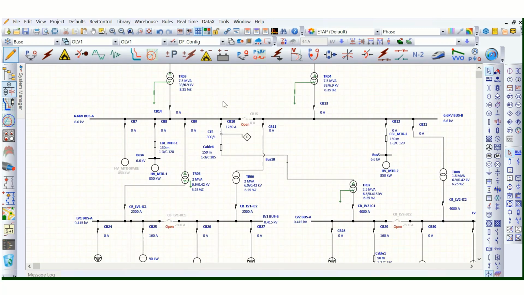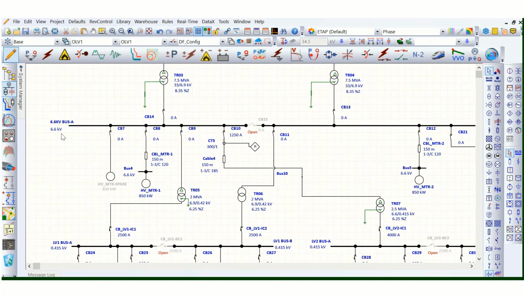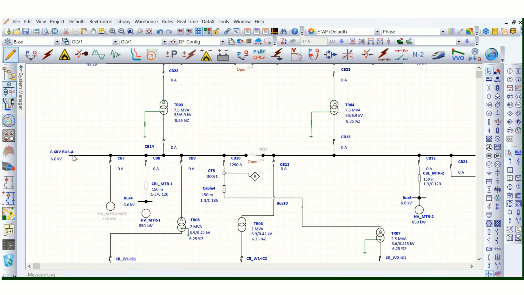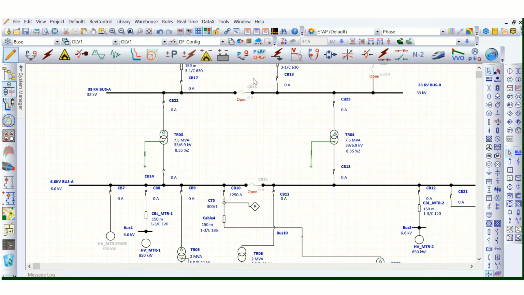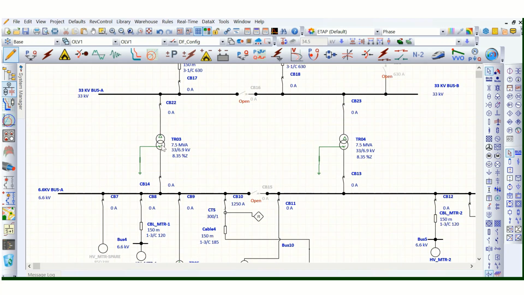Oh, one more important thing I want to share here. Suppose for the 6.6 kV system in this switchboard, in bus A or bus B, there is no motor connected with this bus. In that case, as per the code or the standard, we can go for a solidly grounded system also.